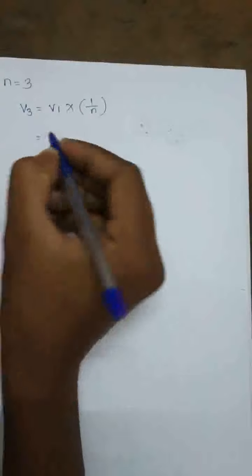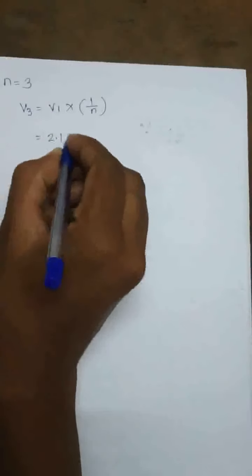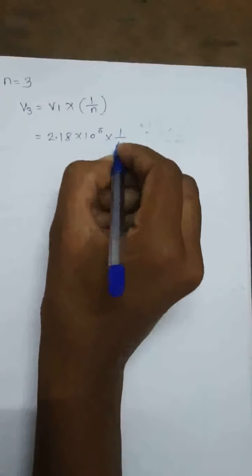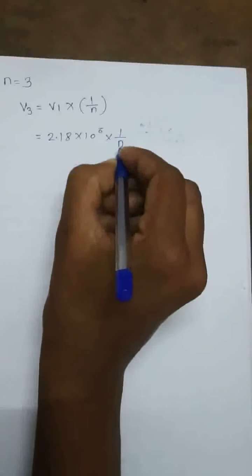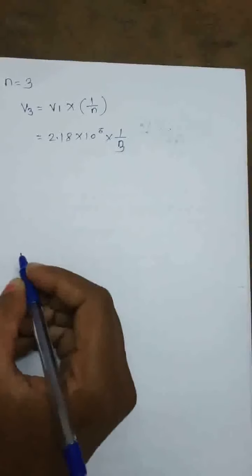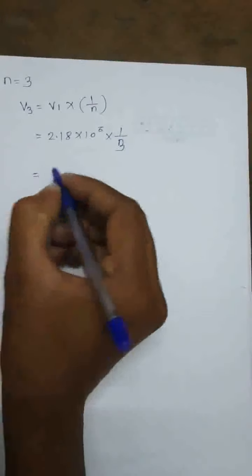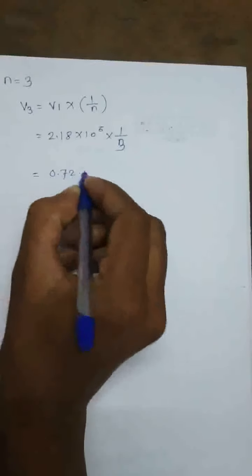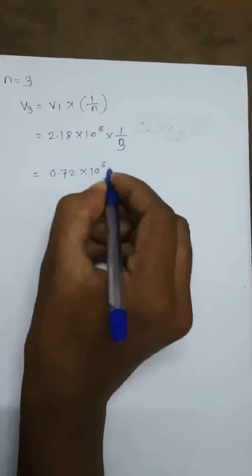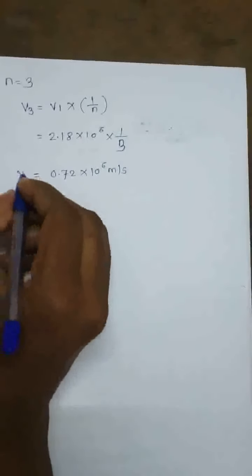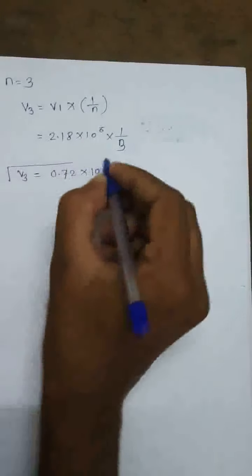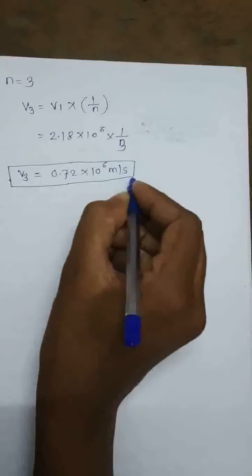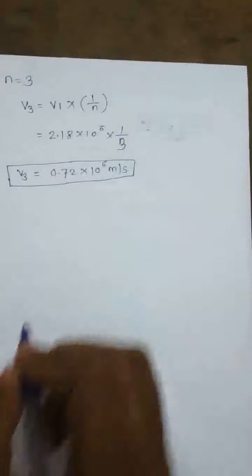Therefore, V1 is 2.18 into 10 raised to 6 meter per second multiplied by 1 upon n, and n becomes 3. After this calculation, we will get the value 0.72 into 10 raised to 6 meter per second. This will be V3, the velocity of an electron in the third orbit.